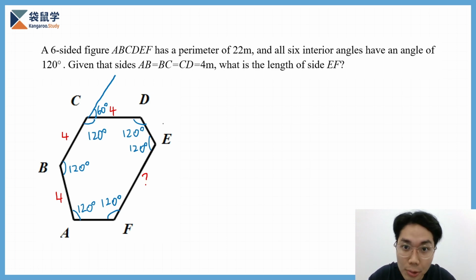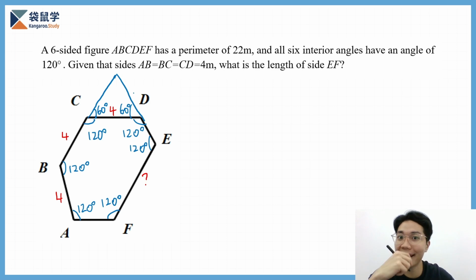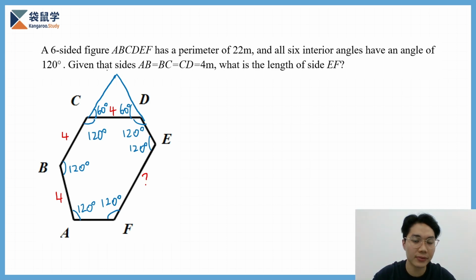And this one is also 120. If we draw another line, also 60 degrees, then can you tell me what is this new triangle that we formed? Wow! It's actually an equilateral triangle because this is also 60 degrees.